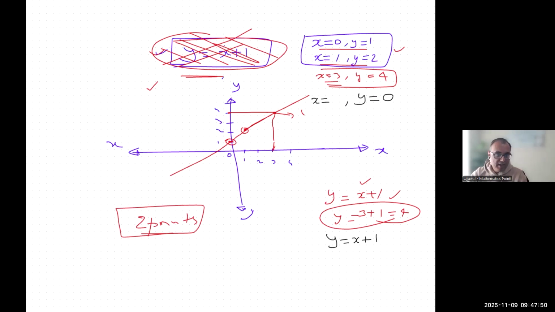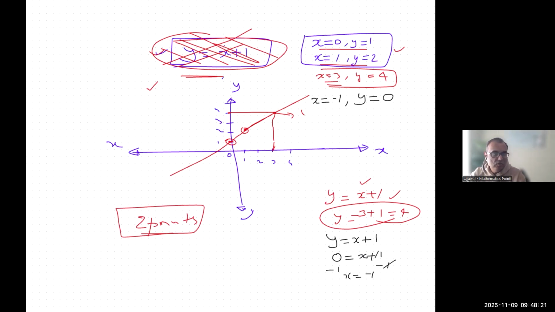If you don't understand why, let's quickly do it. Sub in y equals 0, so 0 equals x plus 1. And with the leave-me-alone strategy, if you remember that x has positive 1 sitting with it, I'll take away 1 on both sides. So 1, 1 gone, x equals -1. Now let's quickly see where this is sitting on the graph.